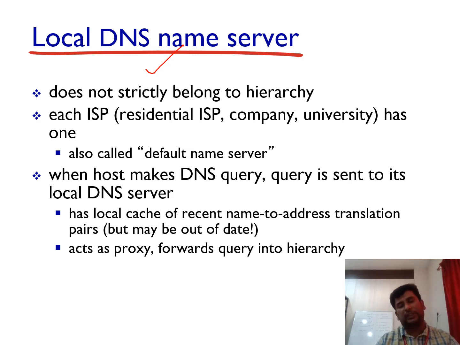When a host makes a DNS query, the query is sent to its local DNS server, which first tries to verify from its own cache memory. If it is found, it returns it by itself. Else, the local DNS server acts as a proxy, and the request is forwarded to the next level of the server hierarchy.